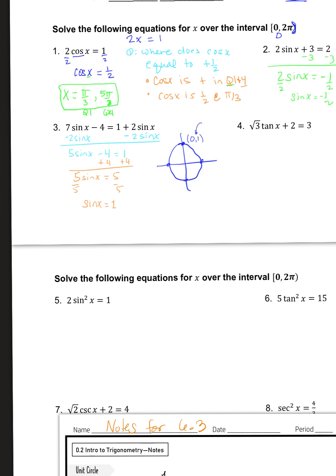And remember, you're dealing with the y because it's sine. So the only place that works is right here at pi over 2. So the question is, where does sine x equal positive 1? That's the only one that's positive 1. So this has only one answer, pi over 2. Again, where is that value for 1? Right here.